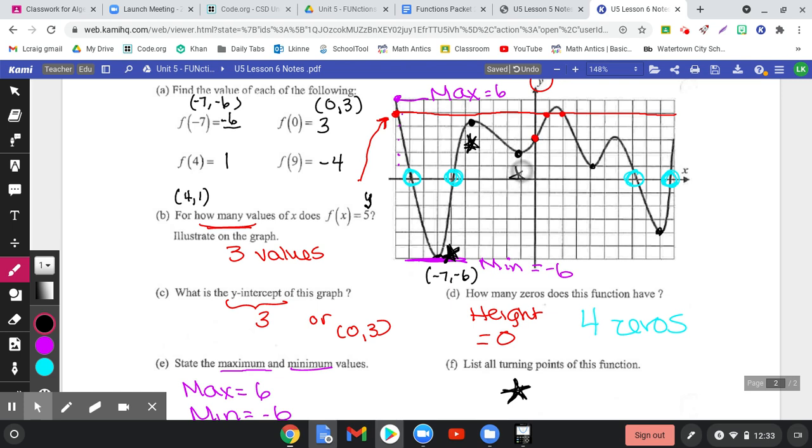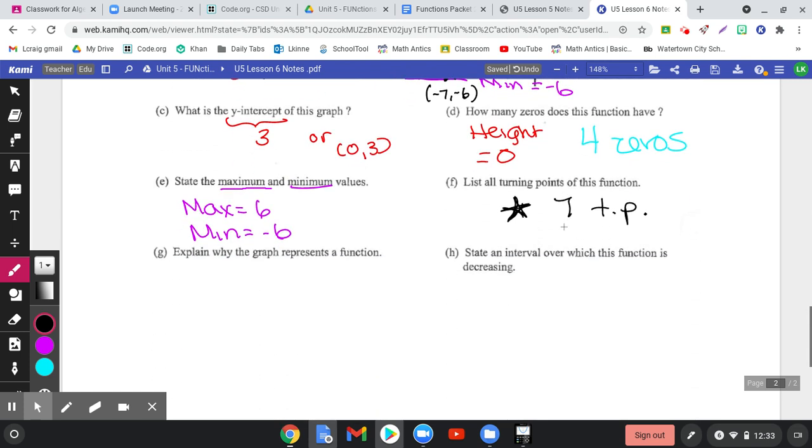Right here. 3. 4. 5. 6. And 7. There's 7 turning points. Okay, mark them all with a star. So it's not the beginning and end. It's where it's decreasing and then it turns and goes the opposite way.